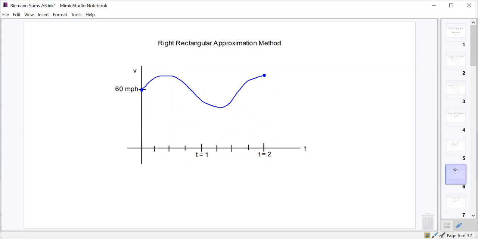Now, we could also do this with a right endpoint of each subinterval. Should look about the same. So I would just start at the right-hand side and say, oh, that was terrible. I wouldn't say it was terrible. I would say, let's draw a rectangle. Let's pretend that's a good-looking rectangle. It's not, but we'll pretend it is.